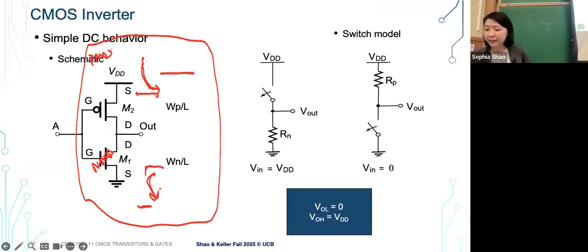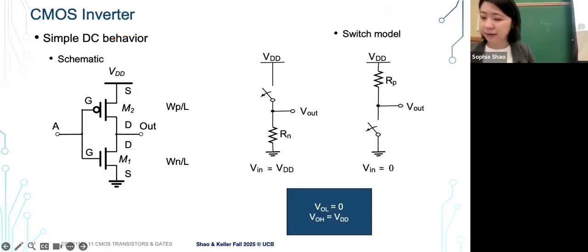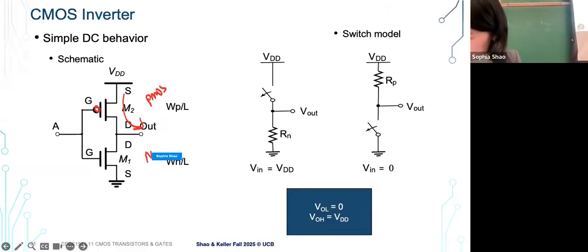What we always see is PMOS on the top, which gives us good ones when things are conducting, and NMOS at the bottom. When things are conducting, we can fully discharge the charges and get good zeros.